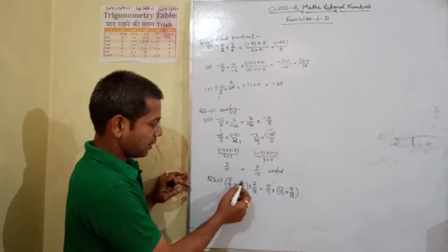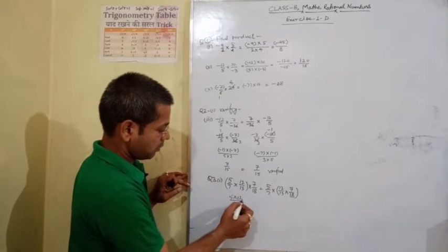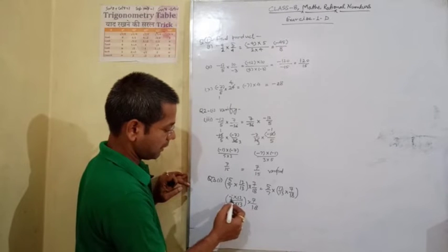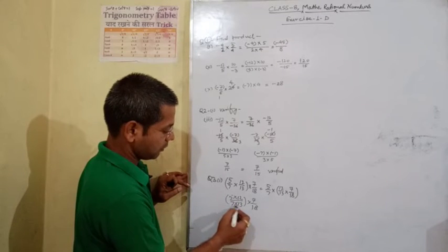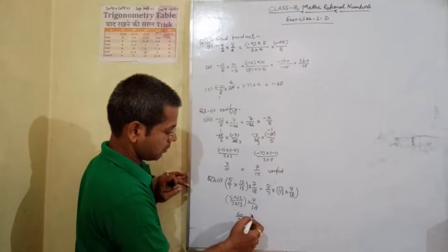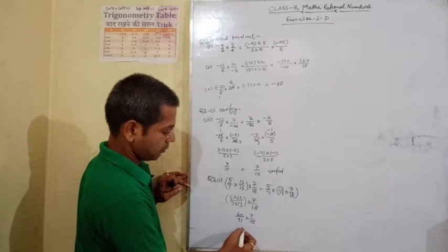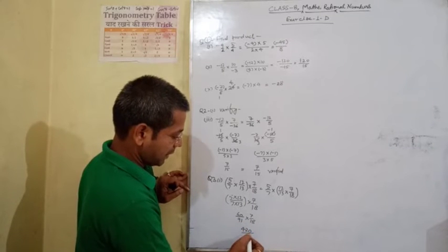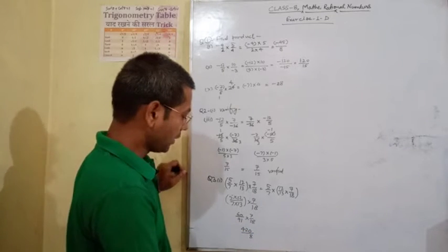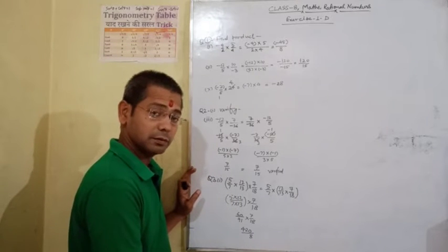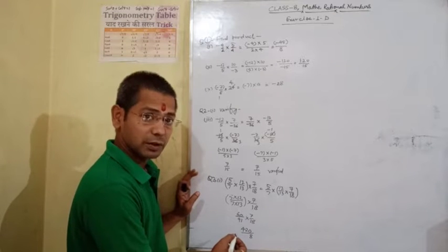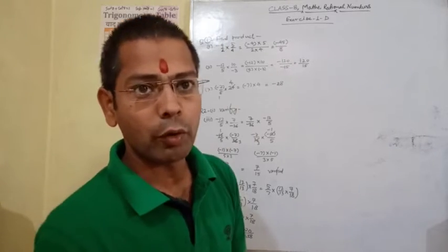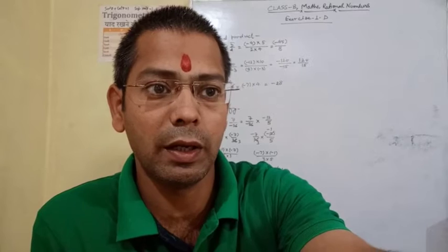It is 5 multiplied by 12 upon 7 multiplied by 13, then multiplied by 7 upon 18. 12 fives are 60 and 13 sevens are 91. Then multiplied by 7 upon 18, it is 420 upon 91 multiplied by 18, which is 1638.